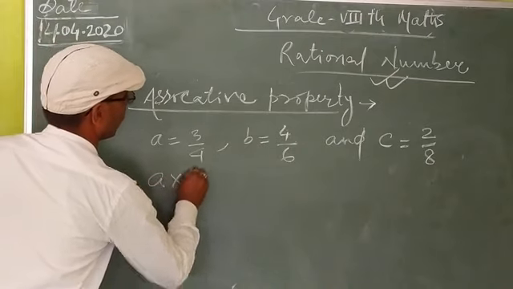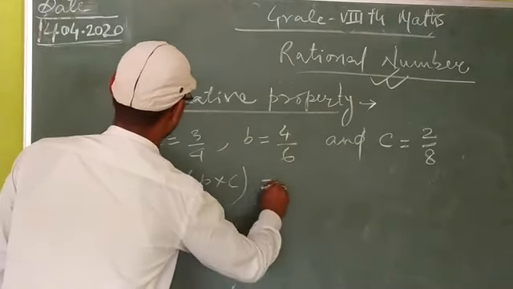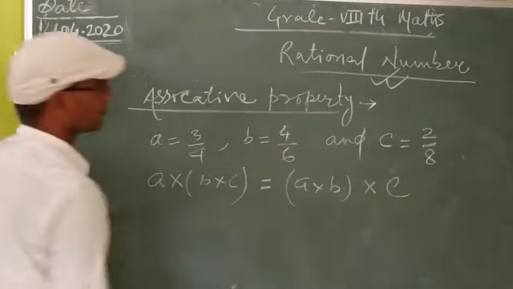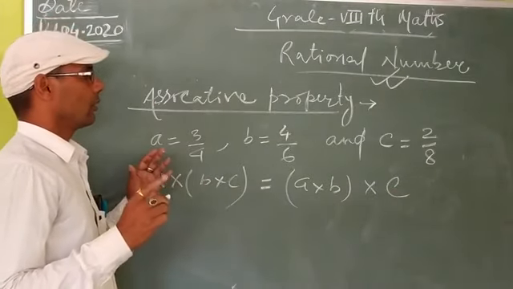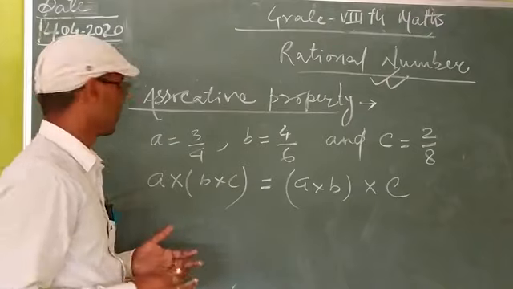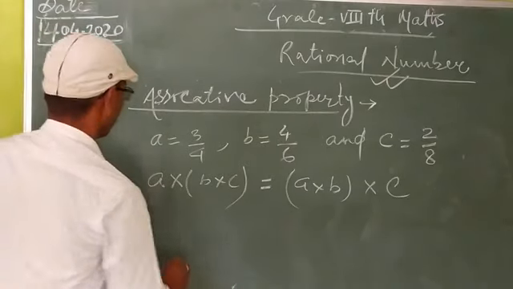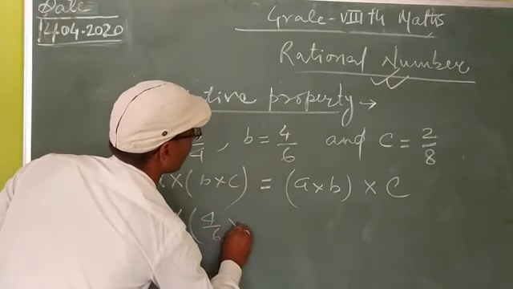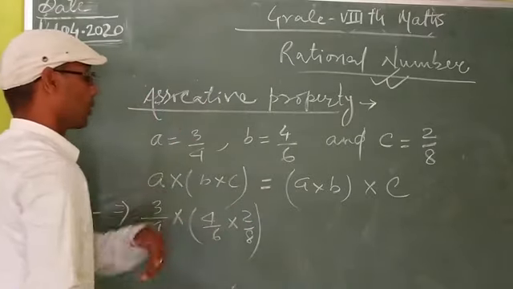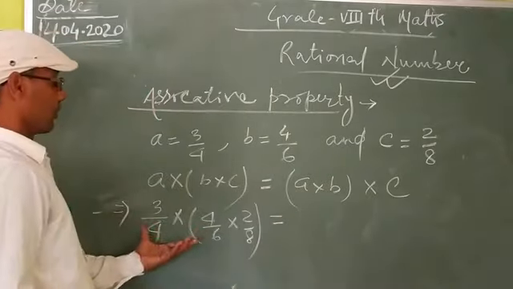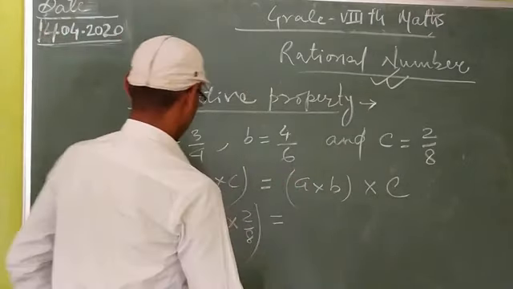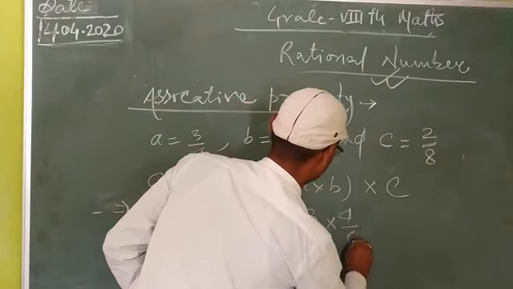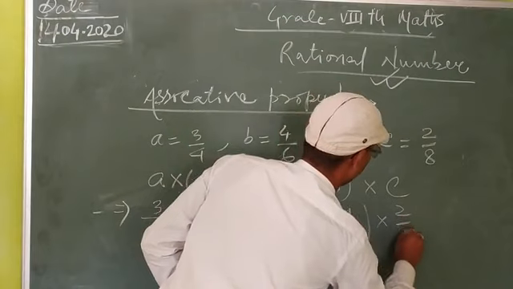Now A into B into C is equal to A into B into C. What result comes? I am going to show you. 3 by 4 into 4 by 6 into 2 by 8. Changing the grouping of these rational numbers. And look here, 3 by 4 into 4 by 6 into 2 by 8.